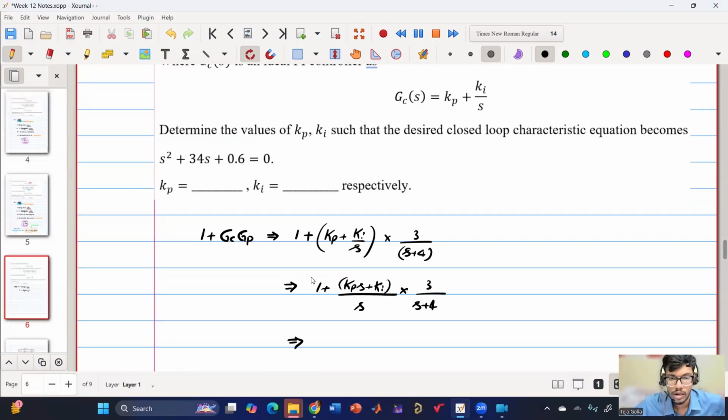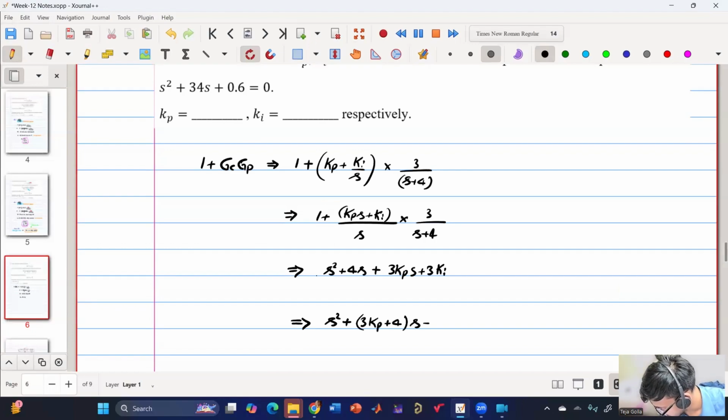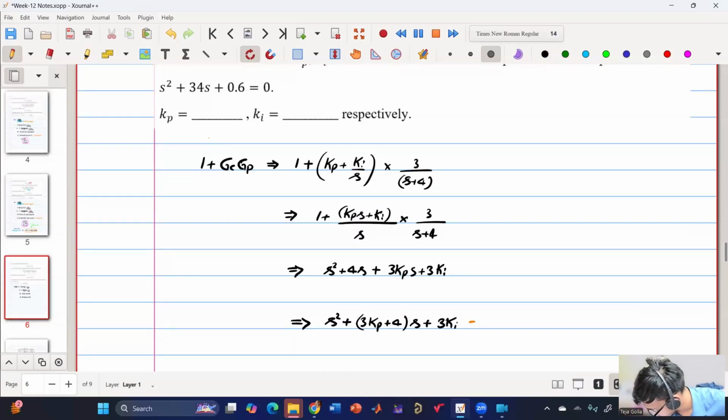Now if we expand this, we will get S square plus 4S plus 3 KP S plus 3 KI. So S square plus (3 KP plus 4) into S plus 3 KI is equal to S square plus 34S plus 0.6.